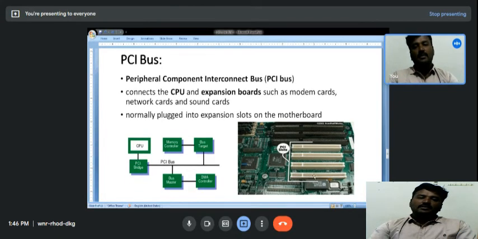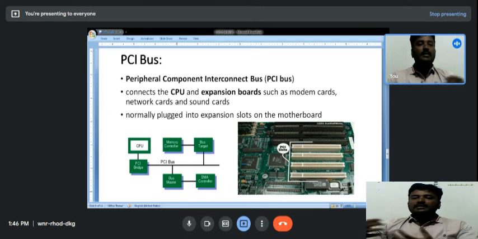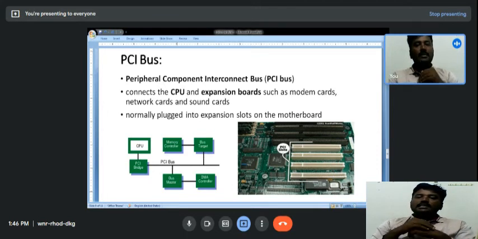Next one is the PCI bus, the peripheral component interconnect bus. It connects the CPU and the expansion ports such as modem, NIC card, network interface card, animation card, and sound cards. These are some of the external components that we need to connect with the processor or CPU attached to the motherboard.